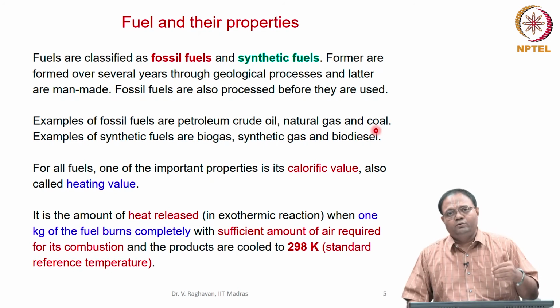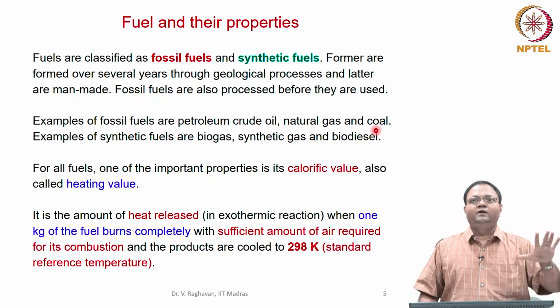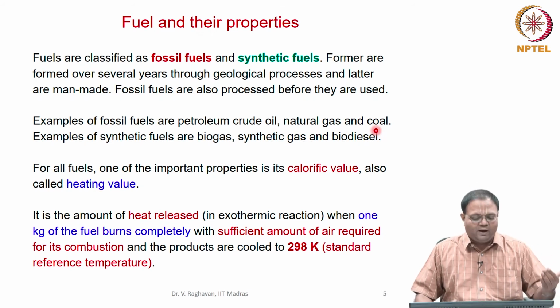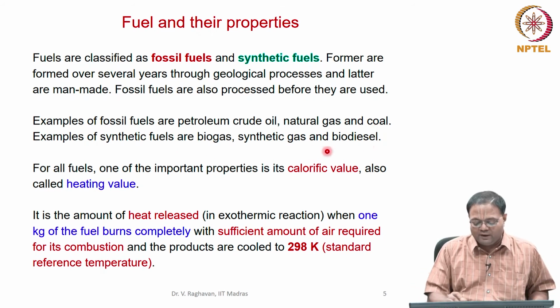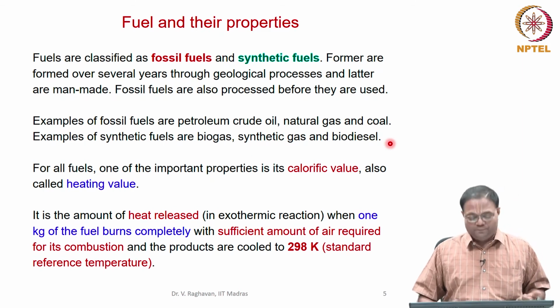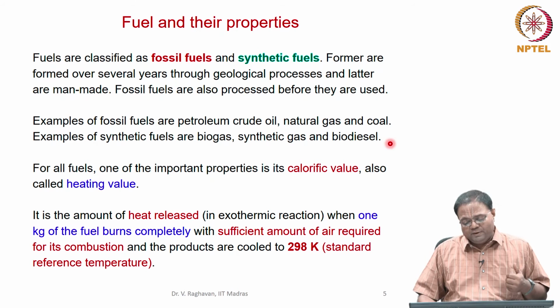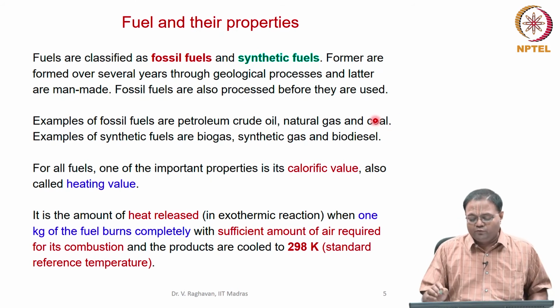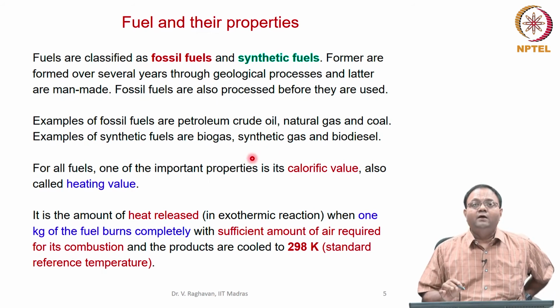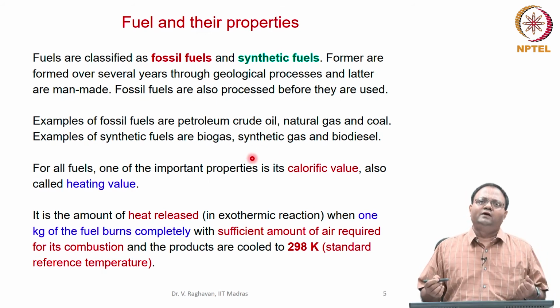So you see that you normally get solid materials from plants and animals, and from that we process in a suitable reactor to get gaseous or liquid fuels as synthetic fuels. Okay. Now, in many cases we also use the fossil fuel coal to get the synthetic gas. Why? Because coal burning is not very easy to do.